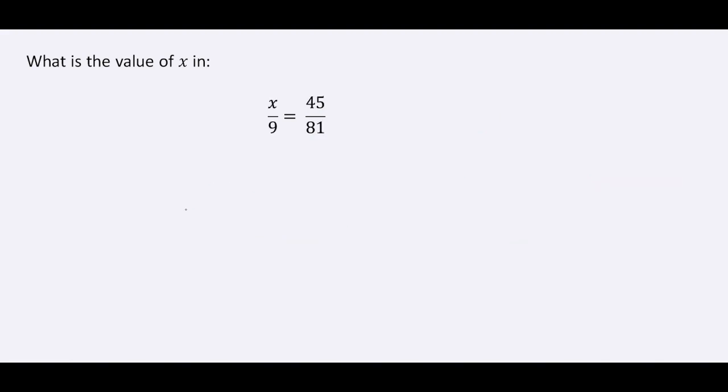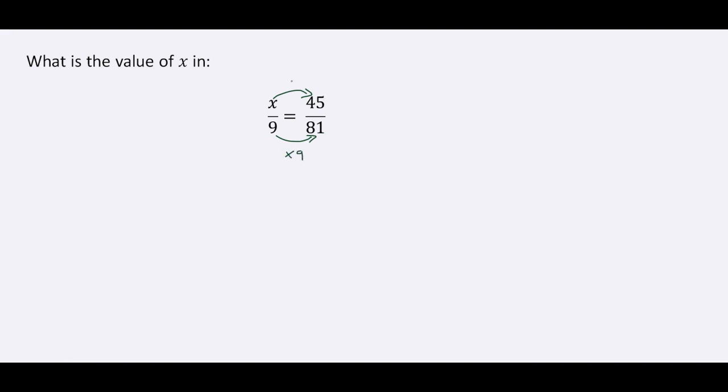And final example, we have x divided by 9 is equal to 45 divided by 81. So let's look at this right here. What is our multiple here? To do that, we need to get our multiple here. So 9 to 81, we're multiplying by 9.